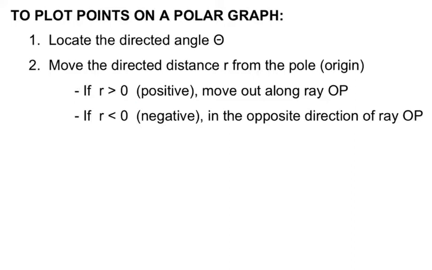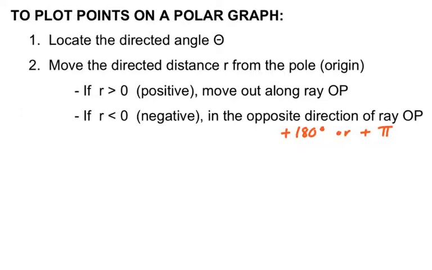Now, if R is positive, we would move out along the ray OP formed by that directed angle where we just stopped. But if it's negative, we're going to move in the opposite direction. An opposite direction would be plus 180 degrees or plus pi. We'll be looking at that angle measure.